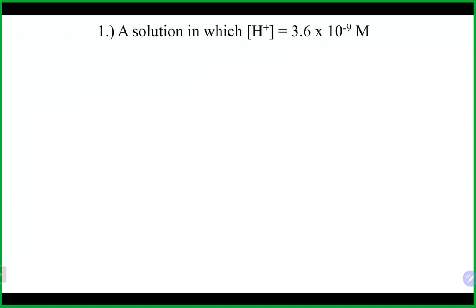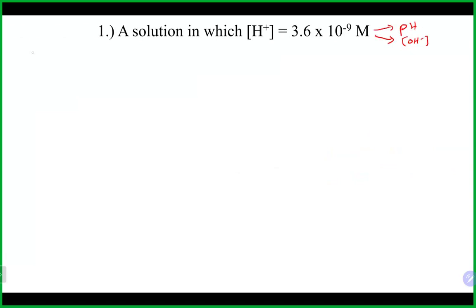Okay, so let's take a look and see here. So start with this one here. So we're basically looking for everything. Because I have the H plus concentration, I really do have a couple of options or routes to go with. I can directly from that get the pH. I could also use KW and get the OH minus concentration. So it really is your choice, whichever way you want to go.